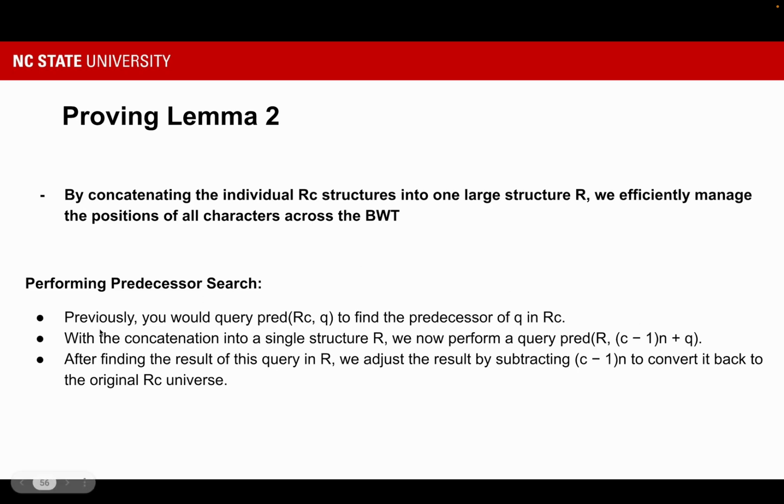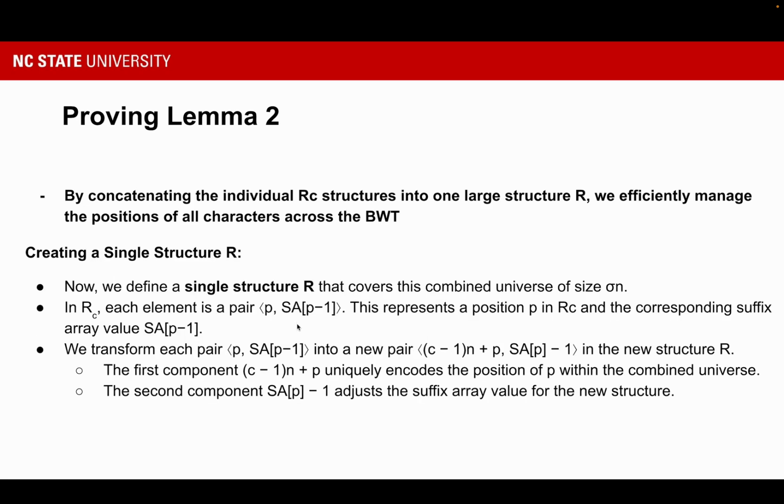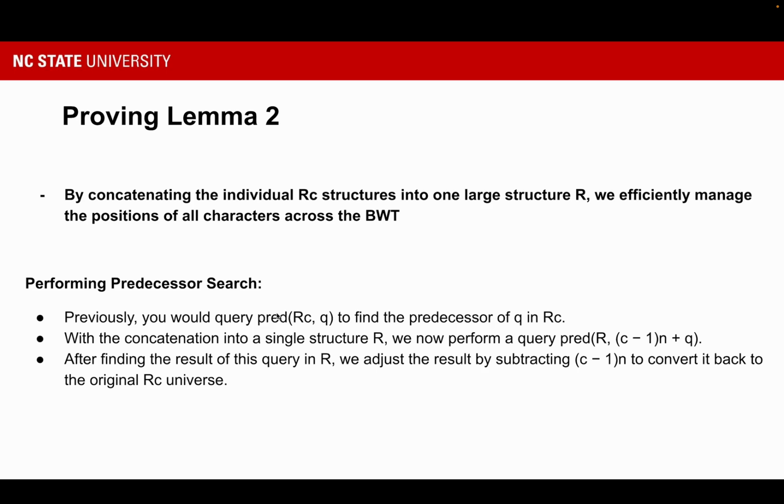So previously, predecessor search is a query that we had conducted on our previous RC structure, but for the R structure, the larger data structure, we need a modified version of this.